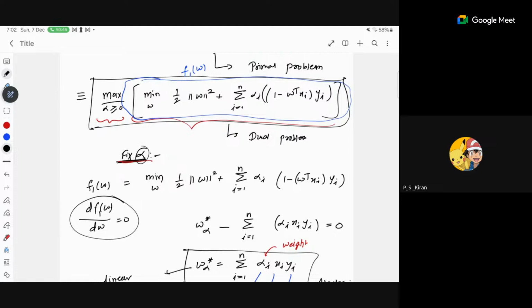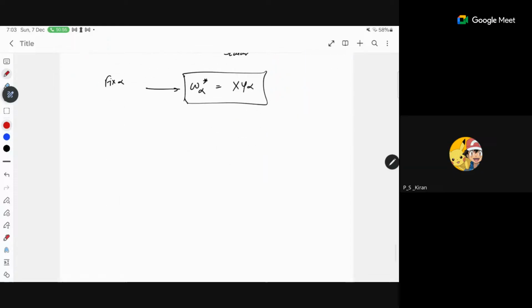If I substitute that, you can substitute it later, I will just write the simplified form, and that is equal to alpha transpose 1 minus half (XY alpha) transpose (XY alpha).